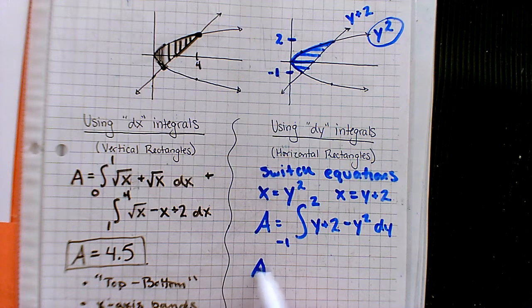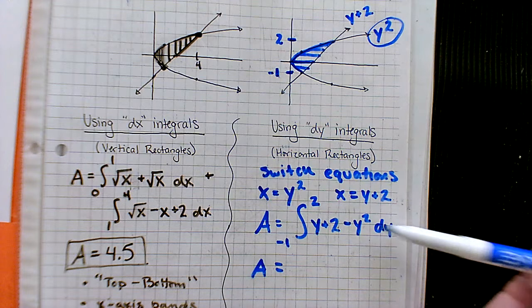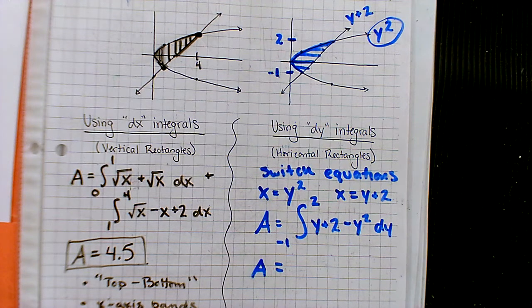Now here's what's a little different. This is what the integral looks like on paper because we're measuring to the y-axis, but you can only type in the variable x on your calculator. So I don't want you to get them confused. I want you to type this in on your calculator just using x's instead of y's.